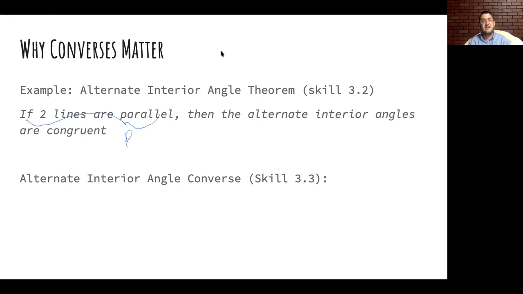Then the alternate interior angles are congruent. So that's my Q. And we want the converse of that. So we're going to do Q arrow P.